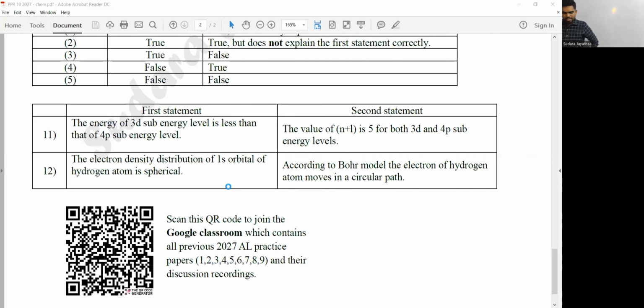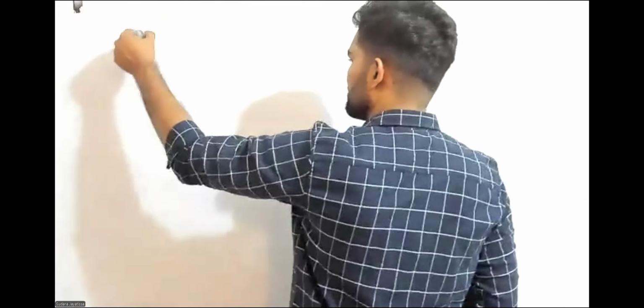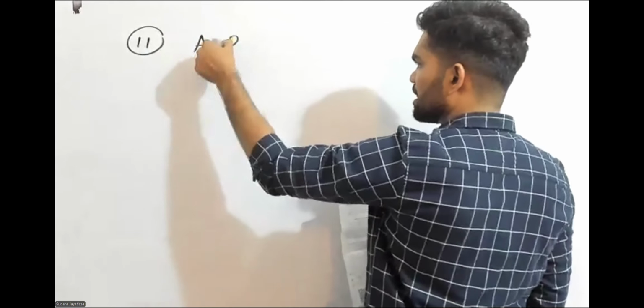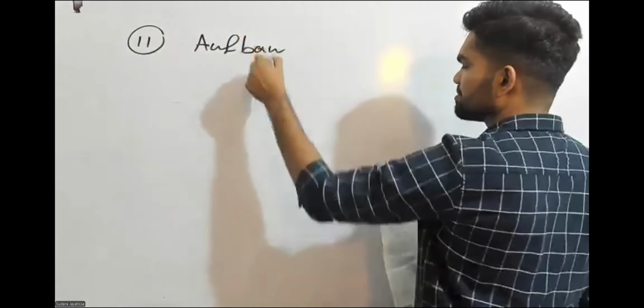What about this 11th question? The energy of the 3d sub-energy level is less than that of the 4p sub-energy level. It's asking about sub-energy level energies. Sub-energy level electron energies are arranged according to the Aufbau principle.